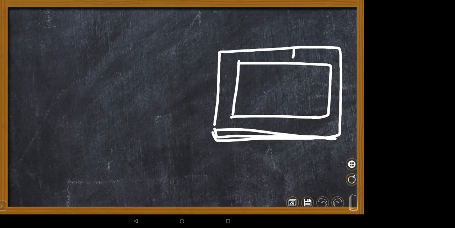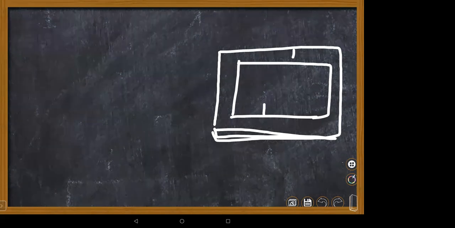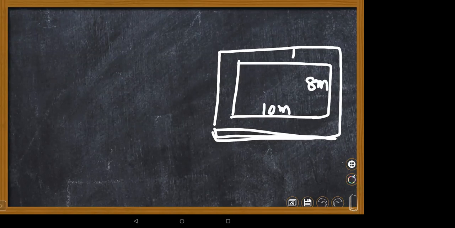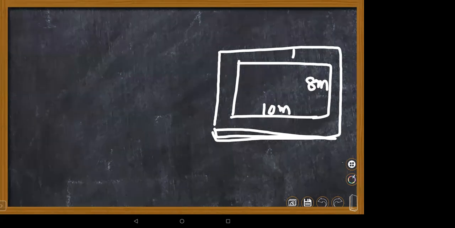The length is 10 meters, the breadth is given as 8 meters. You need to find the area of the path. Ma'am, that line which you drew above, that is 2 meters, no? Yes, the width is 2 meters.